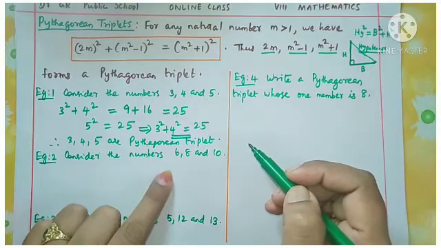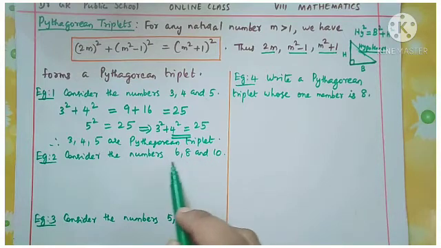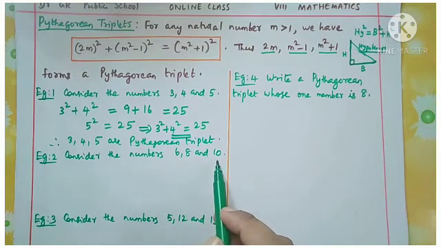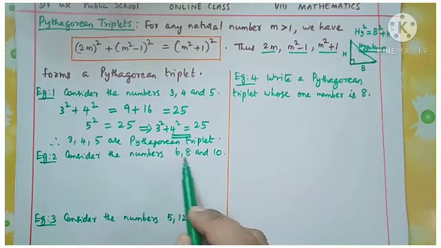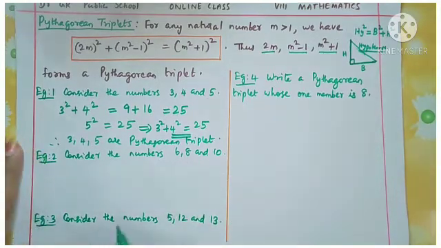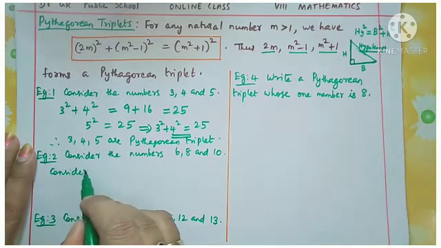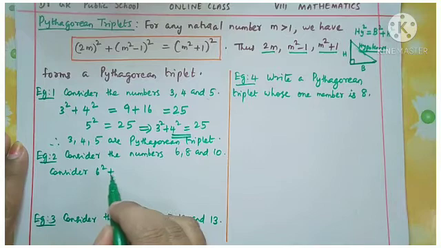Now consider other three numbers 6, 8, 10. Here you see who is the biggest number? 10. So I am going to find the squares of 6 and 8 and add them. Consider 6 square plus 8 square.